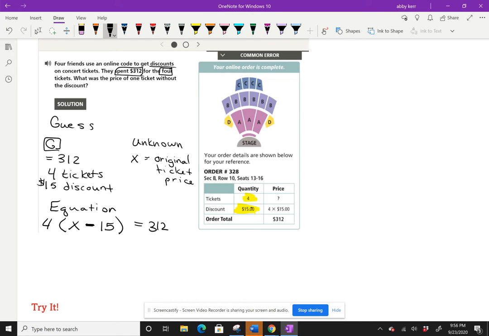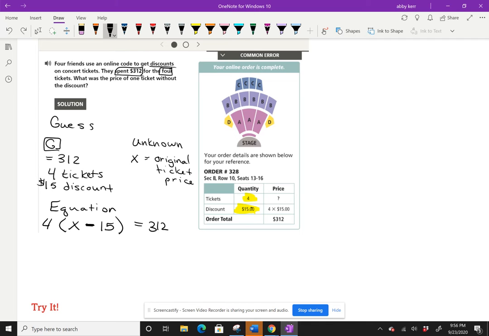Now let's kind of re-talk about this. So we have the 4 tickets. So we know that we did something 4 times. We know that we have the original price here. And we know that we have to take $15 off because of the discount. So there's 2 ways to solve this.